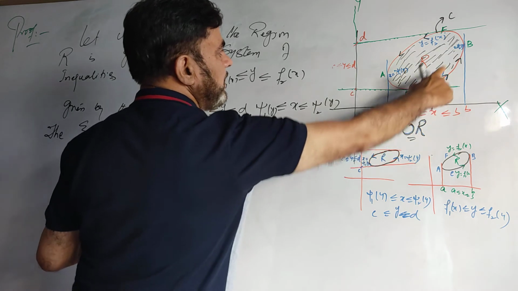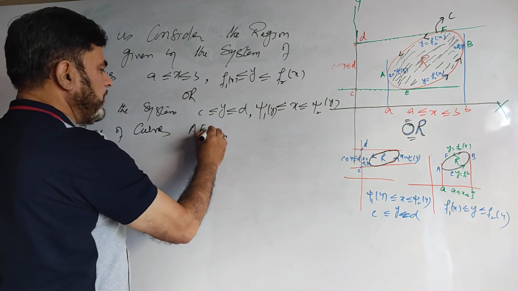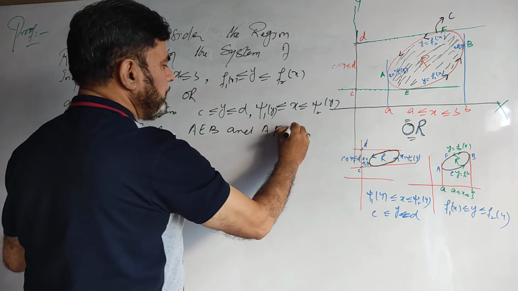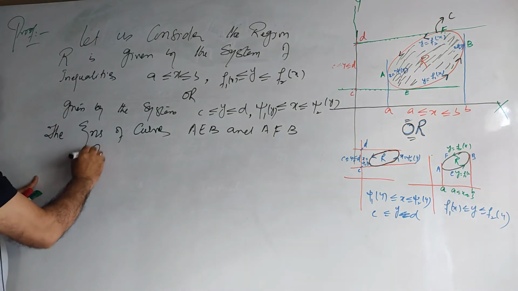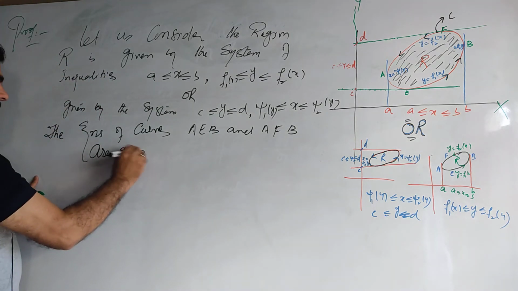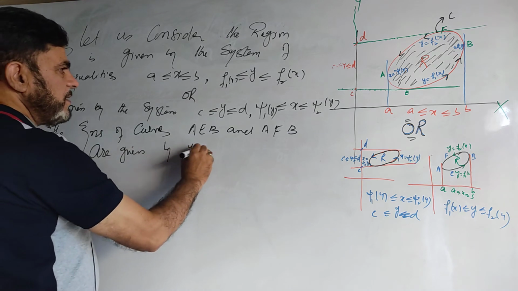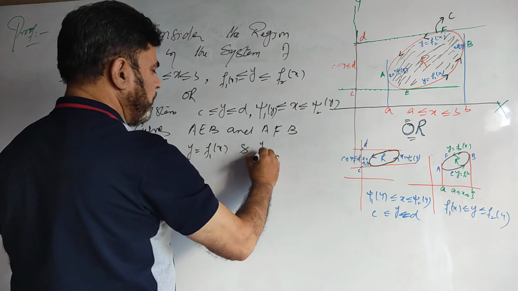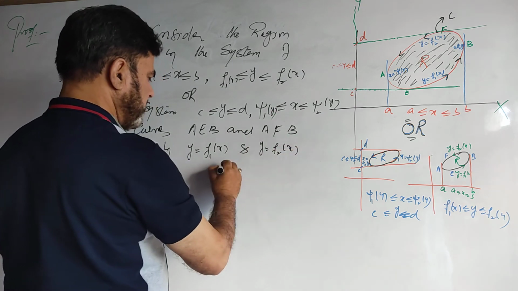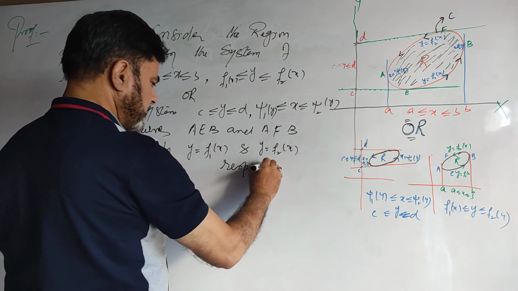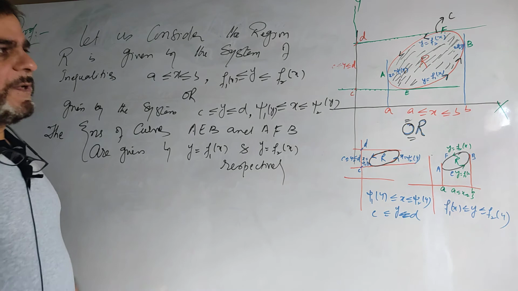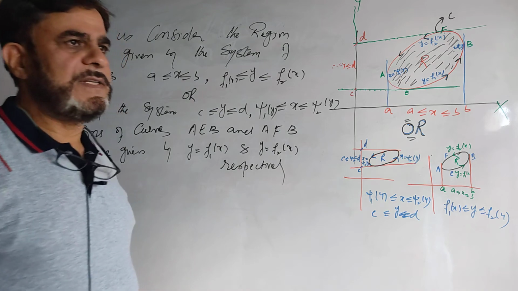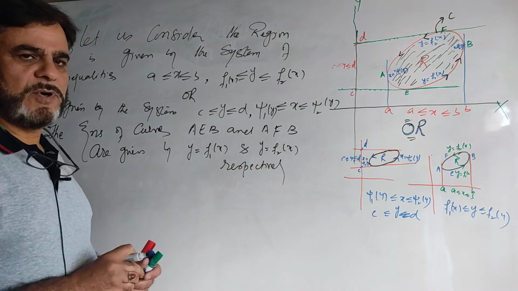Consider AEB and AFB are given by y is equal to f1(x) and upper part y is equal to f2(x) respectively. The lower part AEB is given by y is equal to f1(x). The upper part is given by AFB. When these curves close, they form the region R.